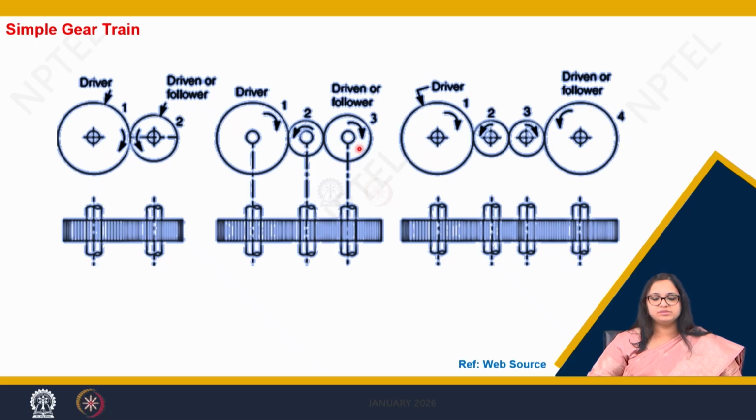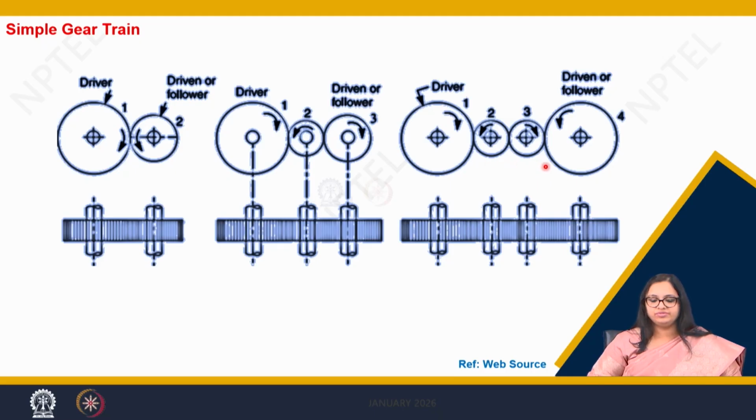This mechanism that we are learning here in the form of a gear train will be very useful while we are understanding power transmission in heavy machinery. Well, coming to the third configuration, that is when the driver is rotating in clockwise direction and we have two intermediate gears, that is gear 2 and gear 3.